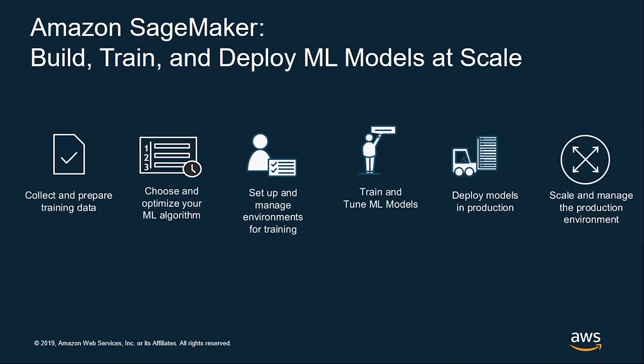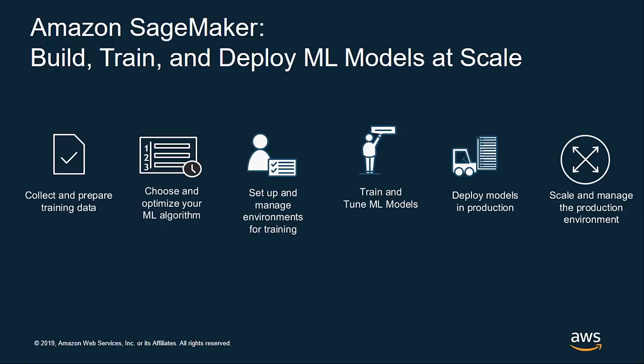Amazon SageMaker is an end-to-end machine learning platform that helps you build, train, and deploy machine learning models at scale. If you look at the machine learning process, it starts with you collecting data and preparing training data, picking the right algorithm and optimizing it, setting up your training environments and doing the training as well as tuning of your machine learning models.